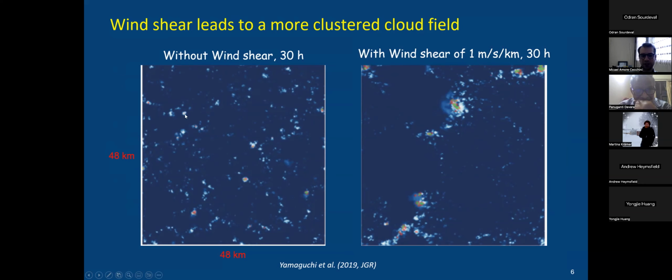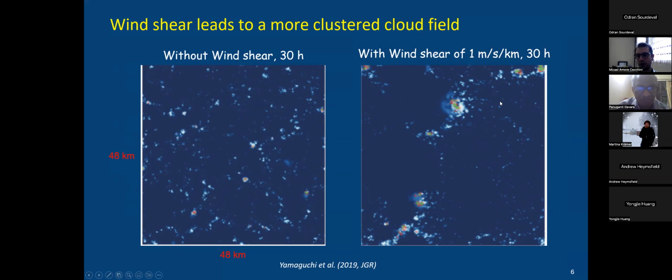On the left here is the cloud field without wind shear. You can see the clouds are very spread out, and the colors, I don't know if you can see it, represent rainfall. Basically, there's a bit of rainfall spread throughout the clouds that were able to grow a little bit more.